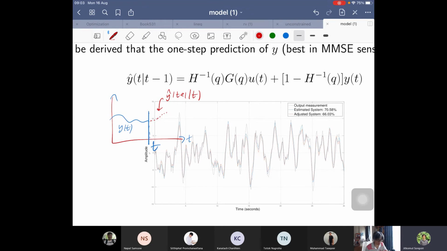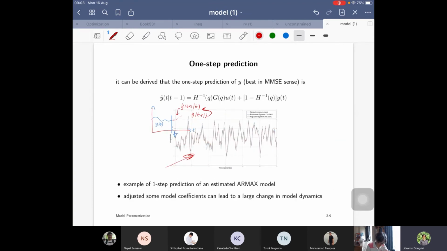Actually, at the moment you perform the prediction, you don't have yt plus 1 to compare with. But this is the graph, in this slide, where you perform the prediction over a horizon, and then you collect everything as an offline process to assess the performance of the prediction.